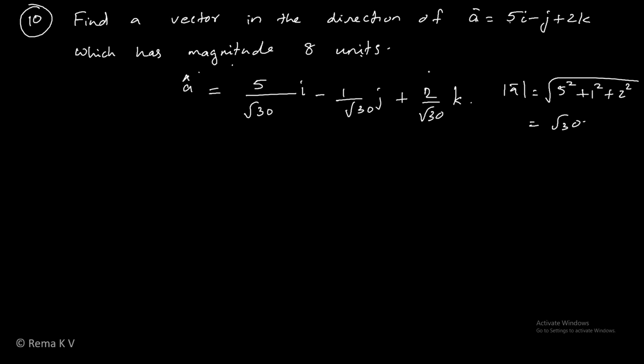This is a unit vector in the direction of the given vector A. Unit vector means magnitude 1 unit. So how can you write a vector with magnitude 8 units? This A cap is a vector in the direction of this vector having magnitude 1 unit.